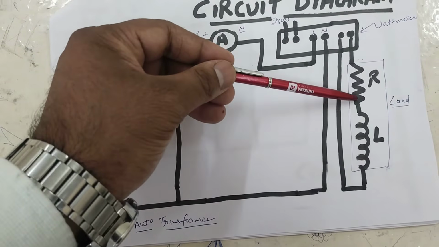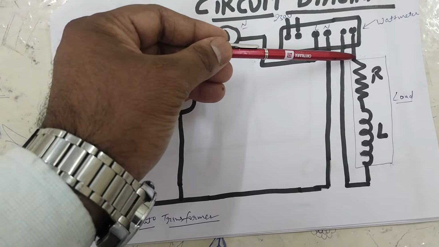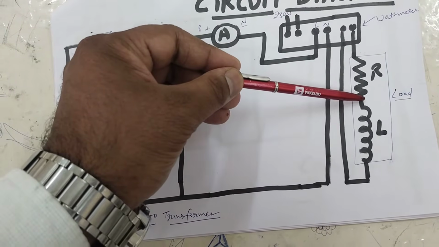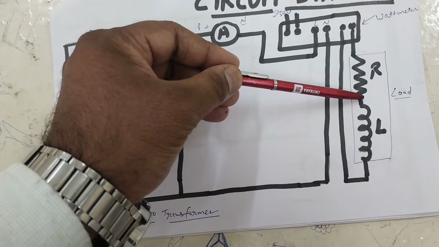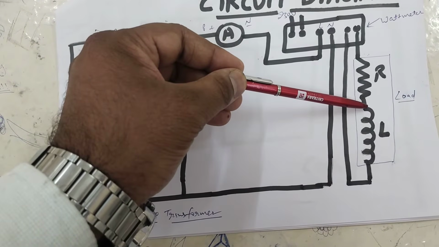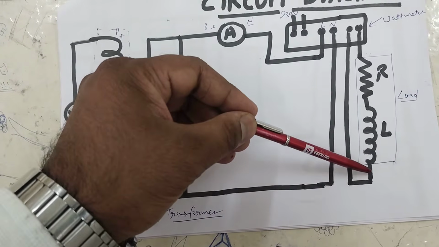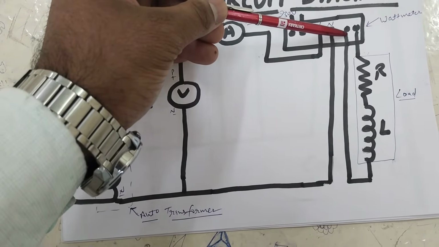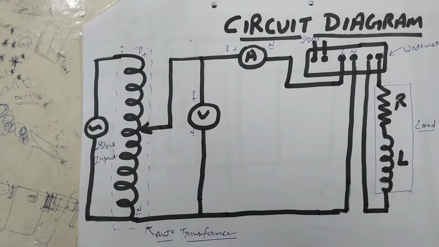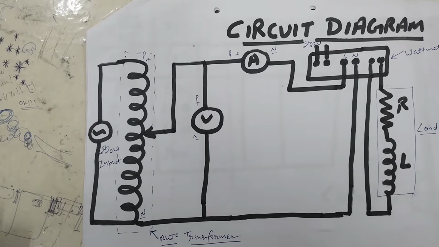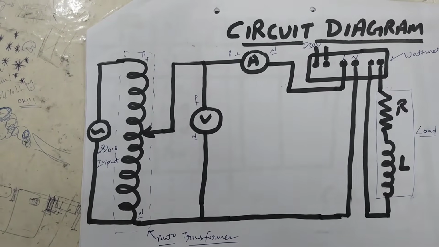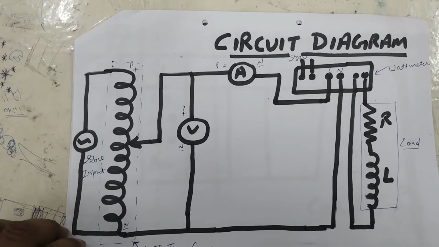The phase terminal is connected with the wattmeter, and the neutral terminal of the resistive load is connected with the phase terminal of the inductive load. The neutral terminal of the inductive load is again connected with the wattmeter. By doing this we make the whole RL series circuit. I will demonstrate how we design that circuit on the hardware.